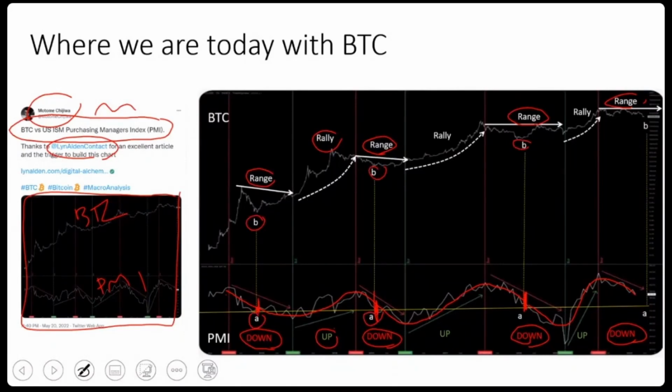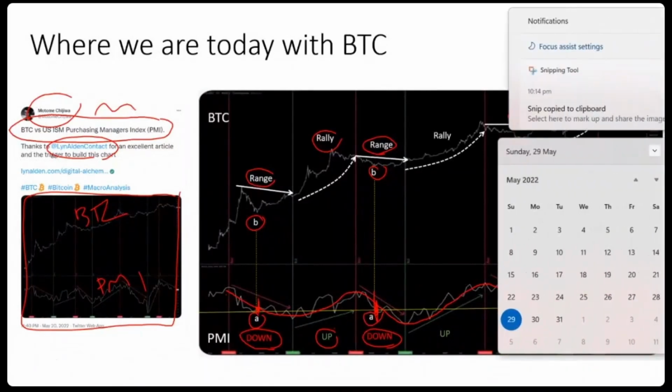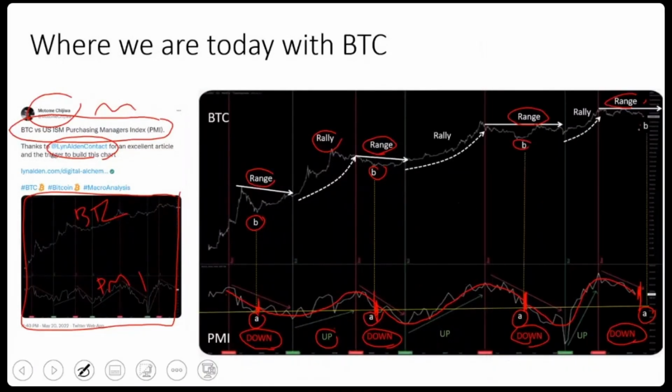So if you were to take this, and again this is just one of the many indicators you can take, you would say we are almost approaching that middle of the cycle, and therefore one could argue we would probably be approaching a Bitcoin bottom pretty soon. It doesn't tell us where that bottom is. It just tells us that historically, when the economic cycle is midway through a downturn, Bitcoin tends to bottom out.